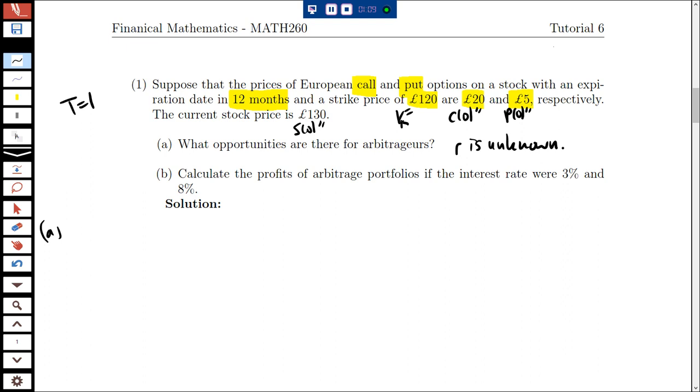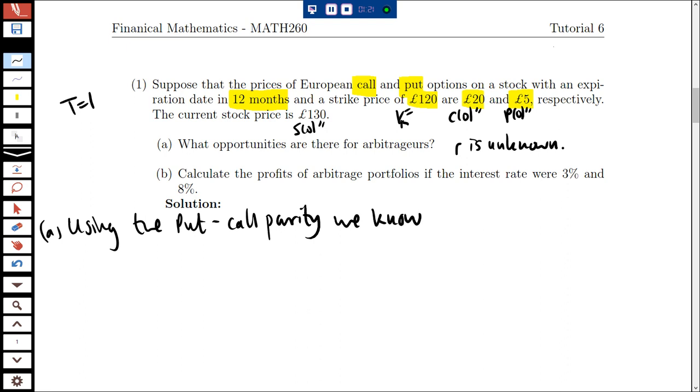Okay, so standard approach using the put-call parity. We have some information at time 0. We know what this should be equal to, so we're going to check.